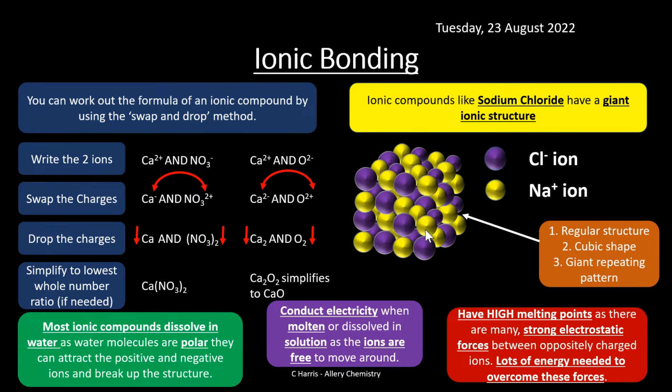There are lots of strong electrostatic forces between oppositely charged ions. In other words, sodium is next door to loads of different chloride ions. Each one of those ions has an attraction between them. But if it's surrounded by loads of these ions, that's a lot of force to break down to actually melt this. So salts are actually really difficult to melt.